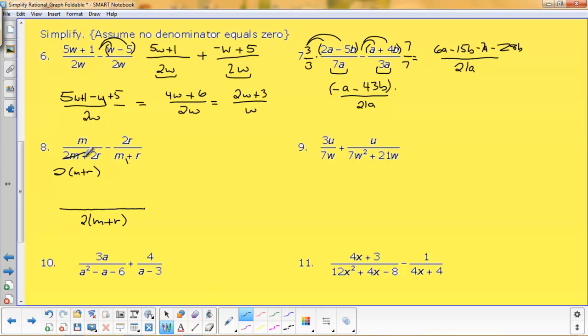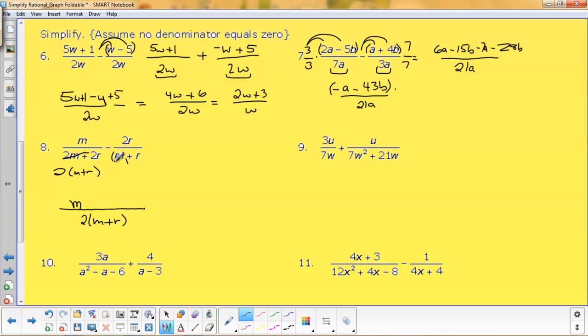Now what I'm going to do is look carefully at each fraction separately and determine what is missing from the actual denominator that would make this the same as that. Notice in the first fraction, the common denominator and the denominator are the same. Therefore, there's nothing I need to do to the m. So I'll just rewrite it here.